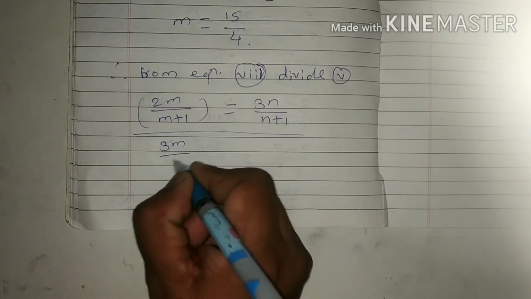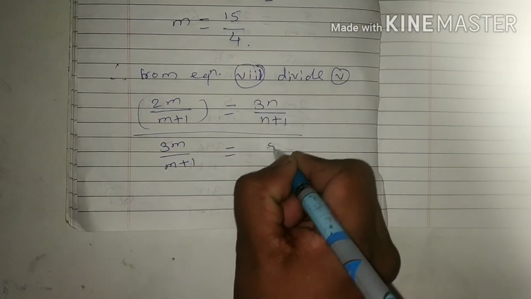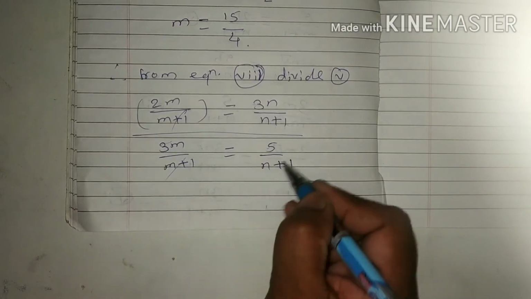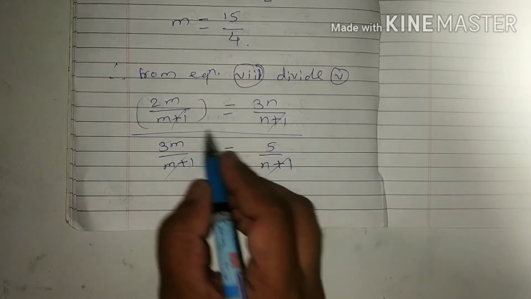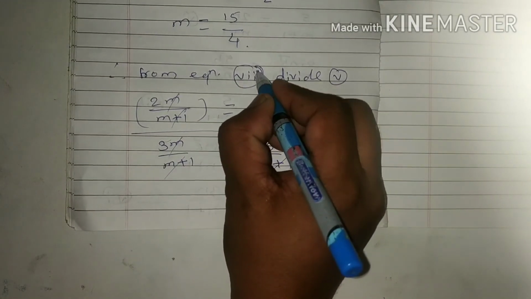Then 3m divided by m plus 1 is equal to 5 divided by n plus 1. m plus 1 gets cancelled, n plus 1 gets cancelled. Here m values get cancelled in equation number 8.